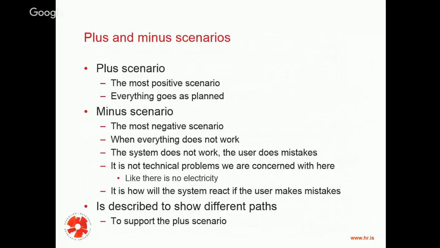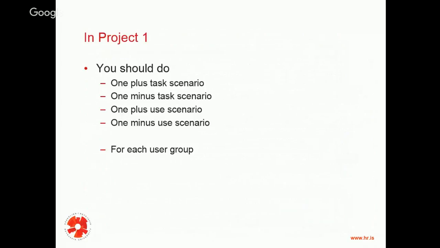So I am actually asking you to make 1 plus scenario and 1 minus scenario for both the current and the future situations for each of the user groups. So you make a lot of scenarios in project 1.